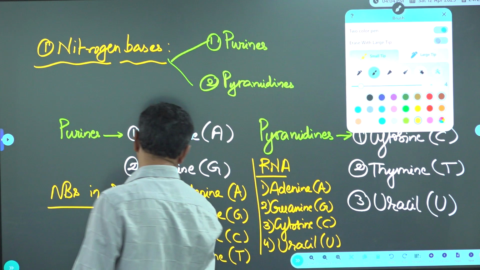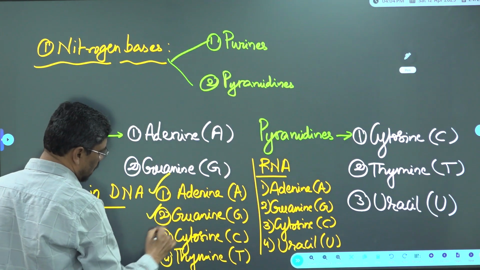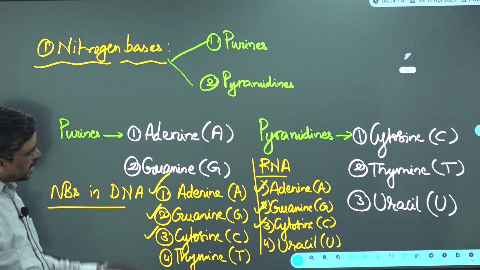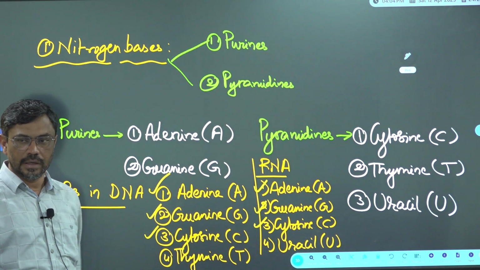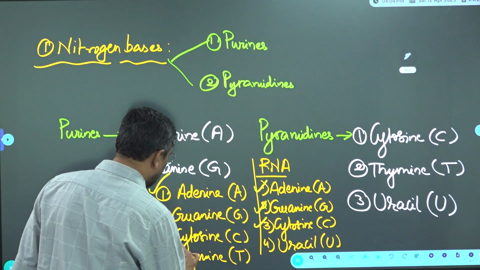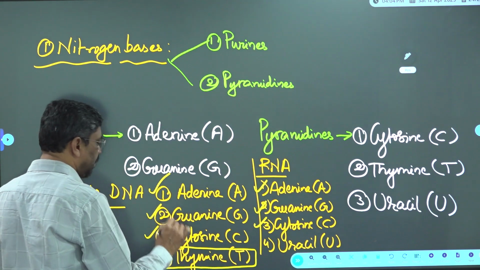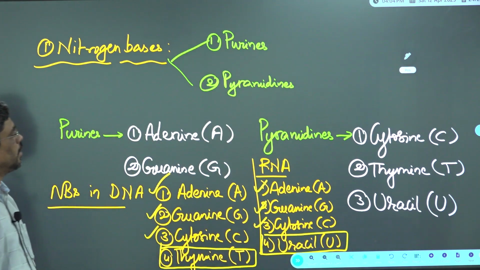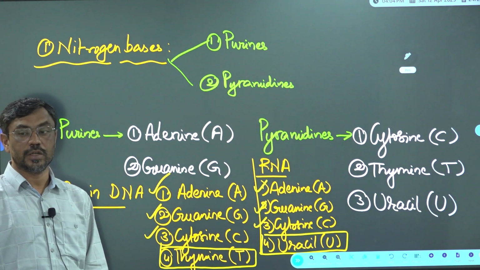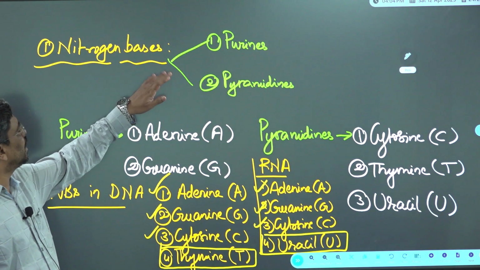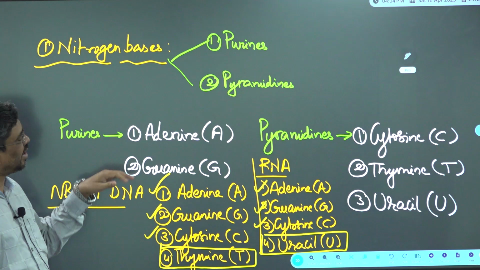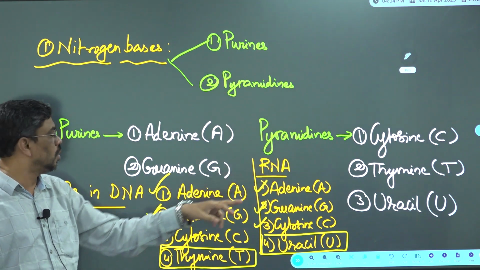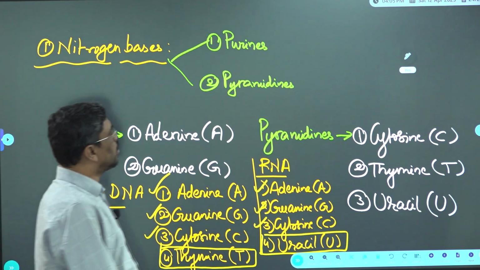Adenine, guanine and cytosine: these three are common in both DNA and RNA. You have to remember that thymine is present only in DNA and uracil is present only in RNA. So nitrogen bases are of two types, purines and pyrimidines. Purines are adenine and guanine. Pyrimidines are cytosine, thymine and uracil.